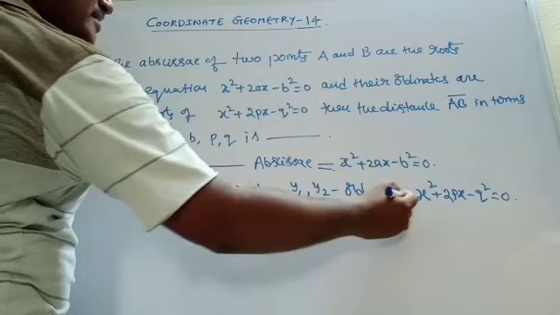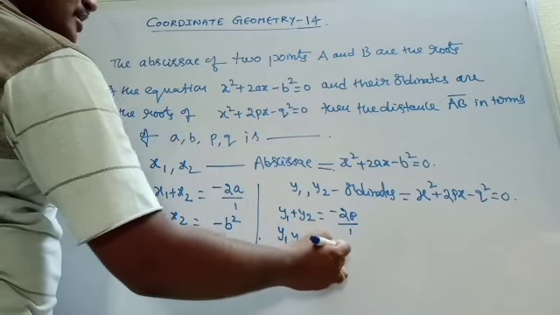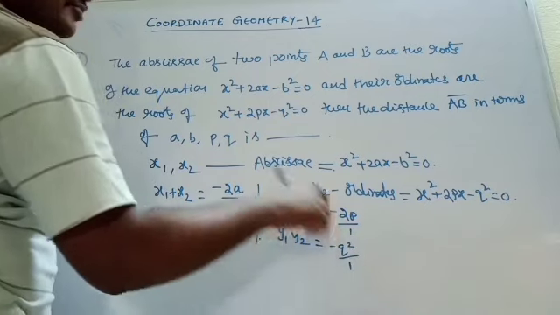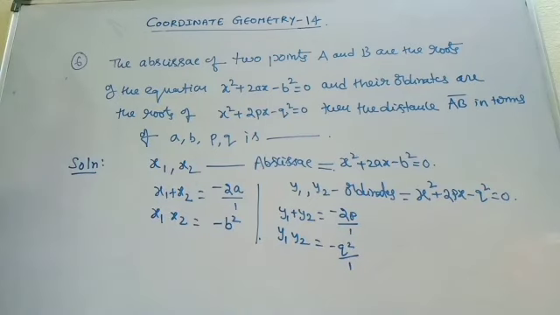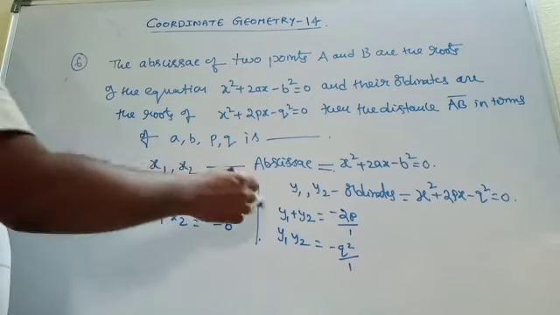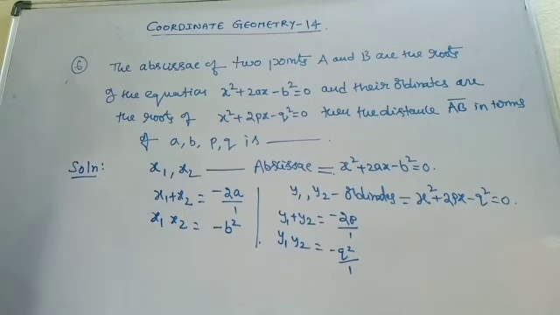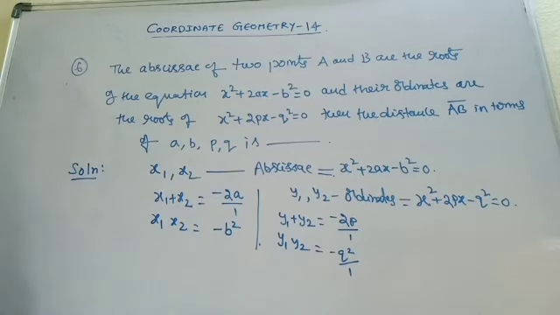And y1 into y2, the product of the roots, is minus q square by 1. Now you have got the information: x1 plus x2, x1 x2, y1 plus y2, y1 y2. Now we are going to use these to find the distance AB.